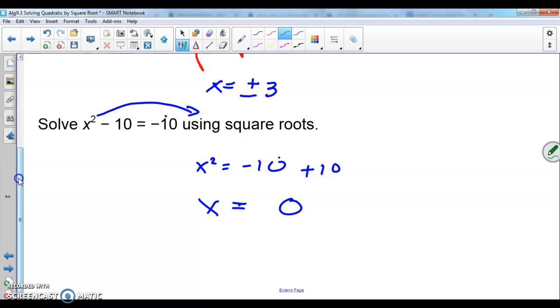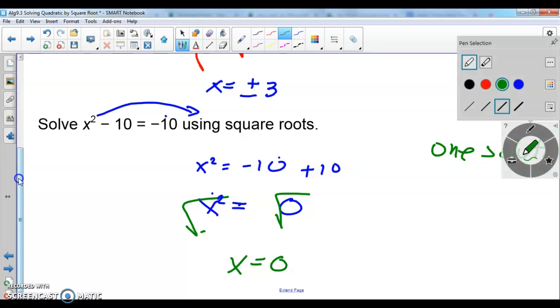I forgot to put the x squared over here. So if you get the square root of 0, since 0 is neutral, it's neither positive nor negative, then we're just going to have x is equal to 0. So in this case, we only have one solution, and that solution is just x is equal to 0.